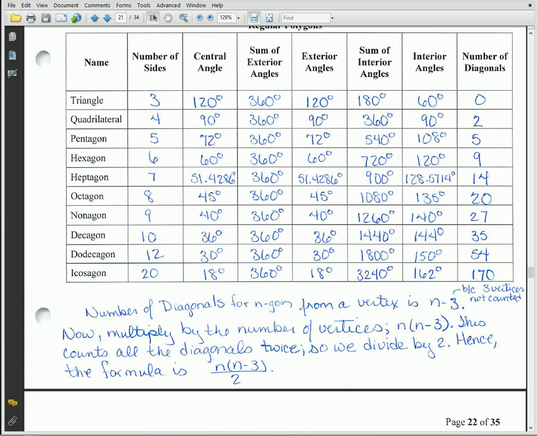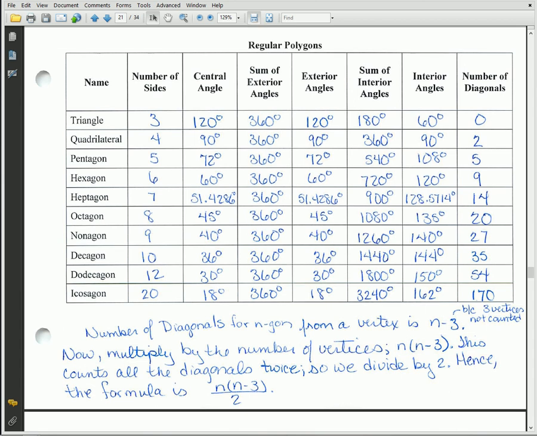Now, this is for regular polygons, okay? So, not every triangle is going to have an exterior angle of 120 degrees. Only one that is going to be a regular triangle. What is the name of a regular triangle? Well, regular being that all sides are equal and all angles are equal, and the only one that fits is an equilateral.